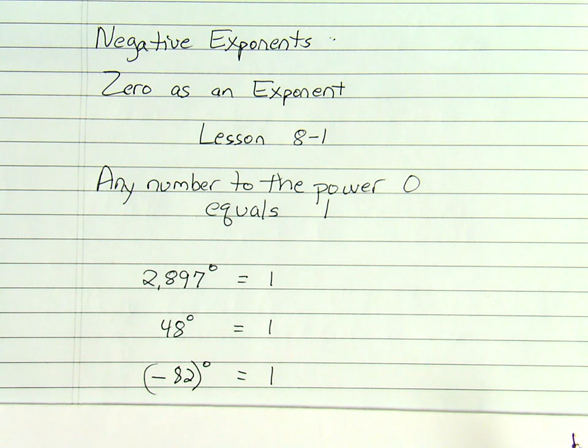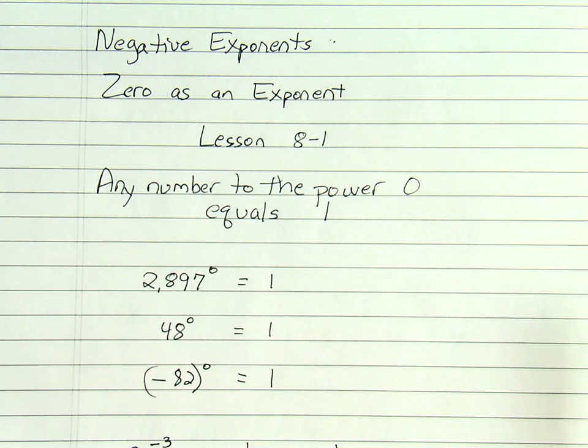It also equals 1. So I think that clearly we've made the point that any number to the power of 0 is going to equal 1. So we're really not going to dwell on that anymore because I think that hopefully by this time that is a concept that you all clearly understand.